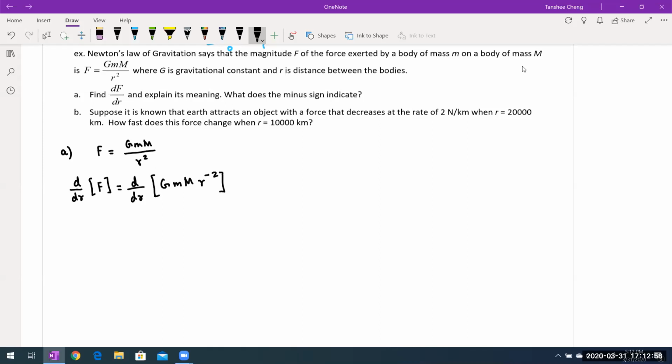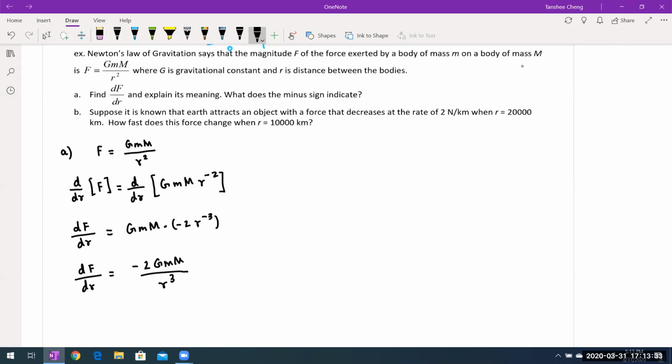So now when I take the derivative, df over dr is equal to G, little m, big M, times the derivative of R to the negative 2 power, which gives negative 2 R to the negative 3 power. So df over dr is equal to negative 2 G little m big M divided by R to the third power. So that's the derivative of it.